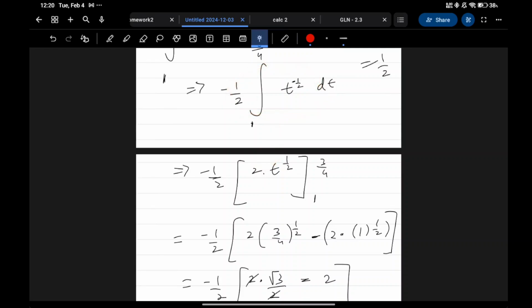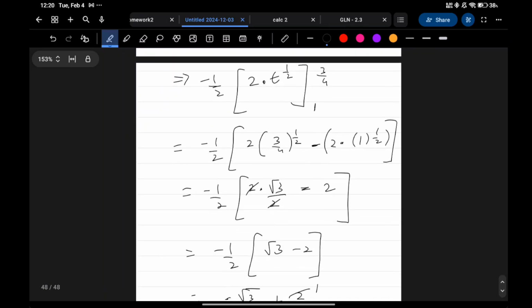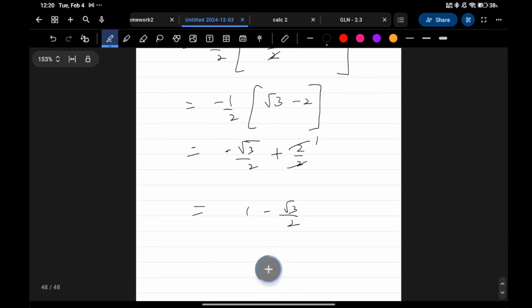Yes, because wouldn't it be t raised to 1 over 2 divided by 1 over 2? Alright, yeah, it is 1 over 2, right? This 2 has nowhere to go, so it goes to the top. Oh, okay. Alright. Okay. Got it. Thank you.